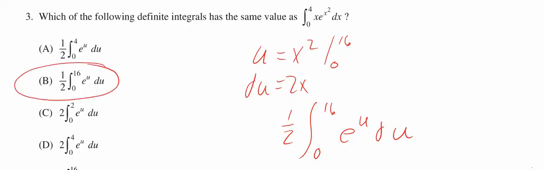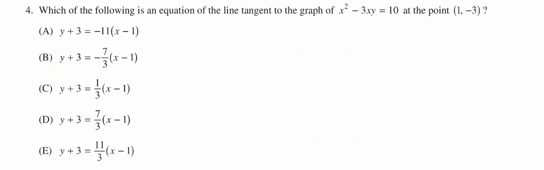Cool. Which of the following is an equation of the line tangent to the graph at the point? So we've got to write a tangent line, which means we've got to write a slope. To write a slope, we need a derivative. And I think we do have two options here. We could subtract, divide, and then find a quotient rule to find a derivative.